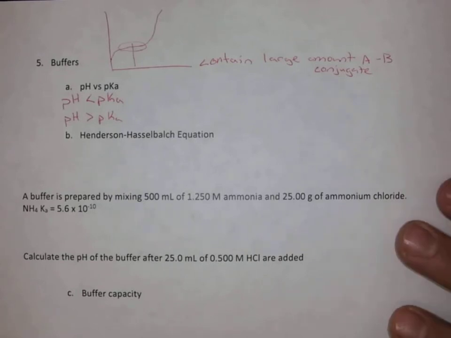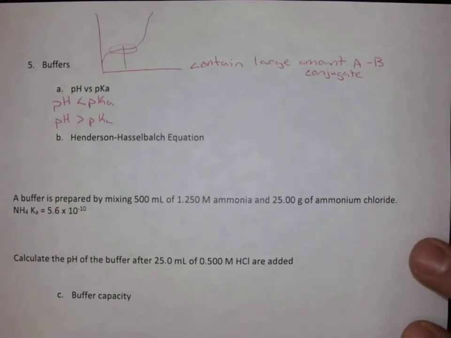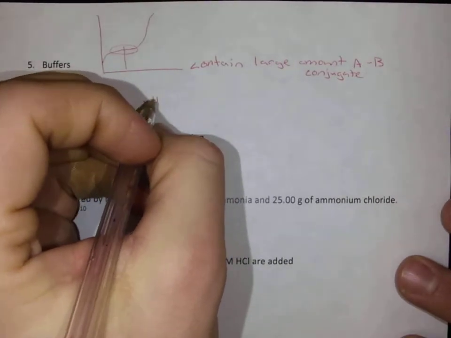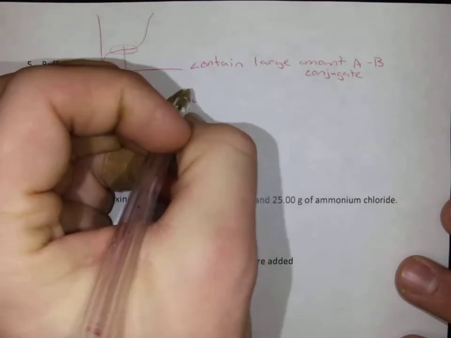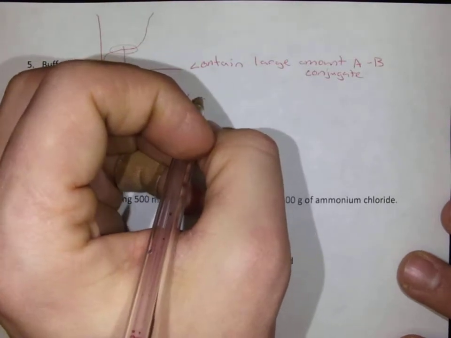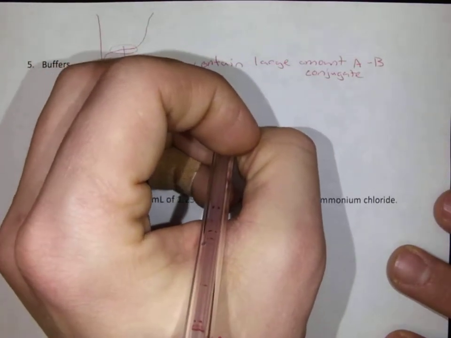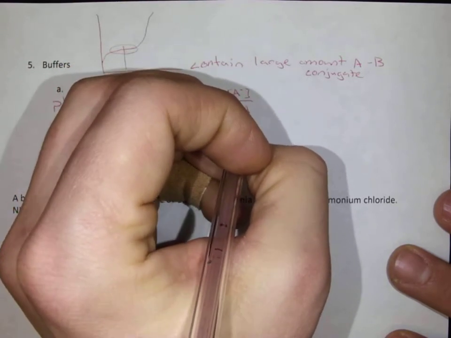So this all comes out of the Henderson-Hasselbalch equation, which is on our equation sheet. That is pH is equal to pKa plus the log of A minus over HA.